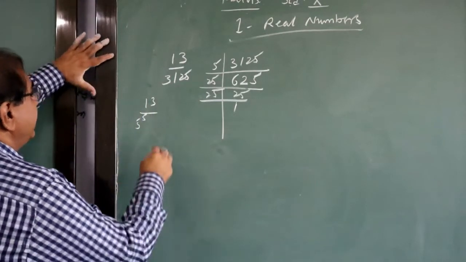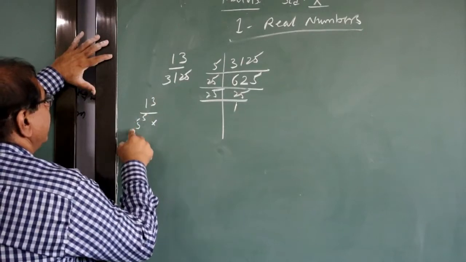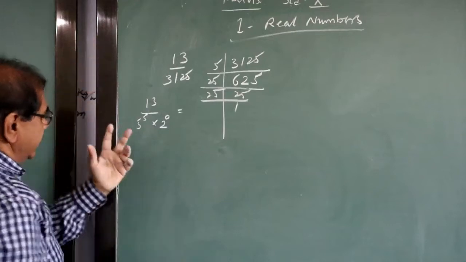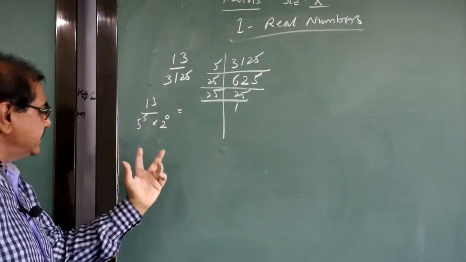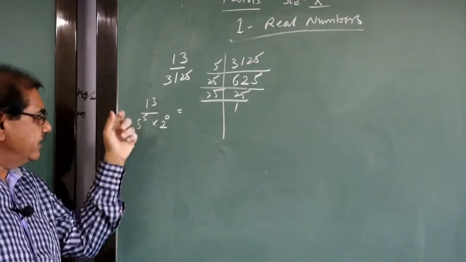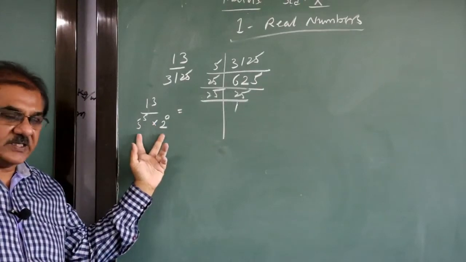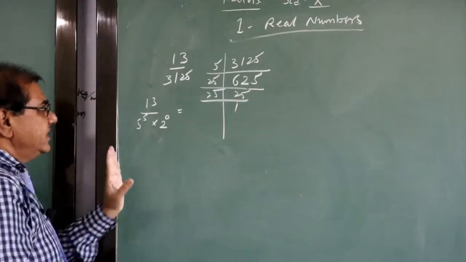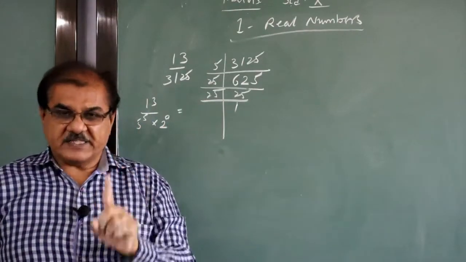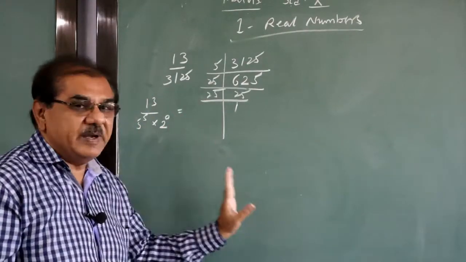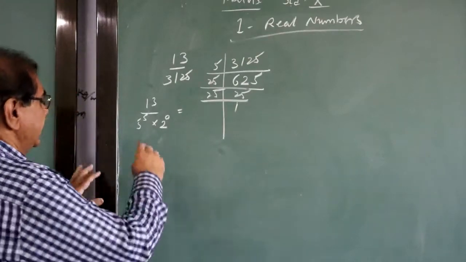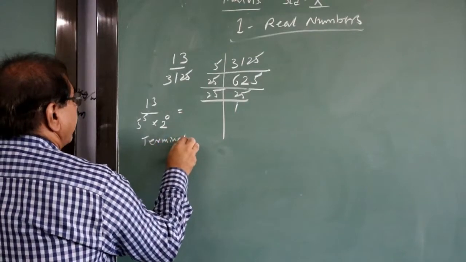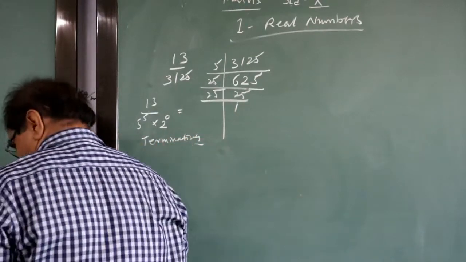So you can very easily understand that it is 13 upon 5 raised to 5 multiplied by 2 raised to 0. So it is a fraction whose denominator has the prime factorization in the form of 2 raised to m multiplied by 5 raised to n. So this will have a decimal expansion which is terminating. So here we write the answer: terminating.